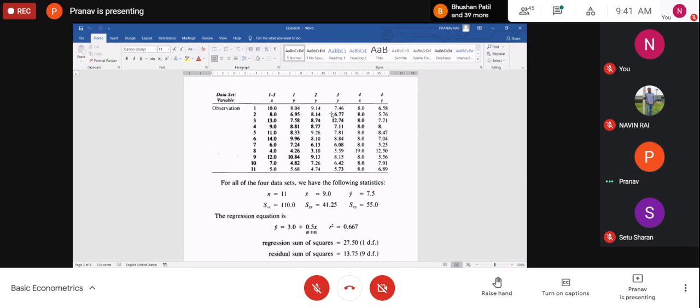This is a theoretically generated data set, just to bring out the point that just having a regression equation run along with the associated standard errors is not sufficient to talk about your data.